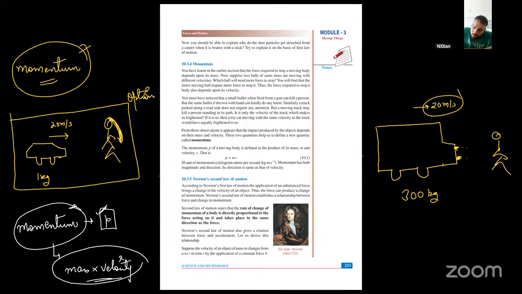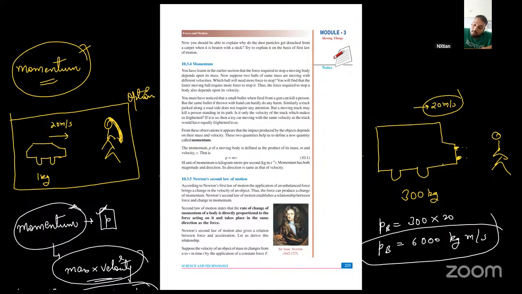If I check the momentum of option A, P is equal to mass, which is 1 kg, into 20, so it is 20 kg meter per second. This is option A. And the momentum of option B is mass, which is 300, into 20, which will be 6,000 kg meters per second.